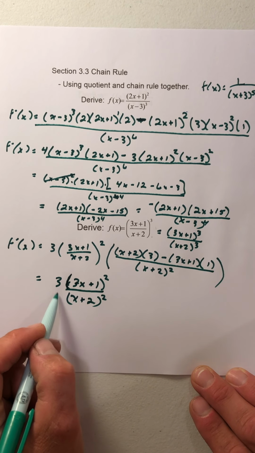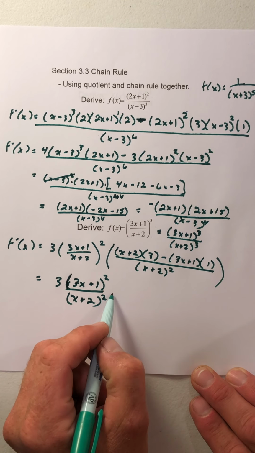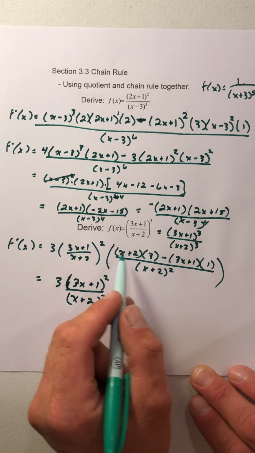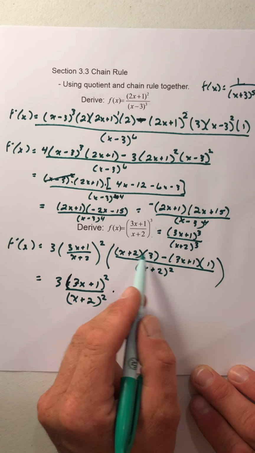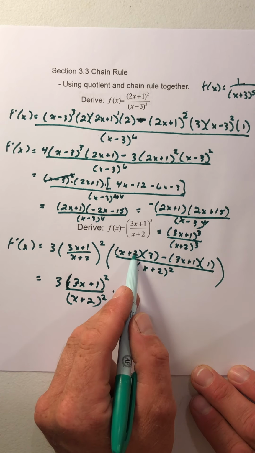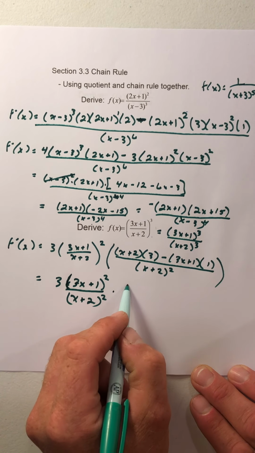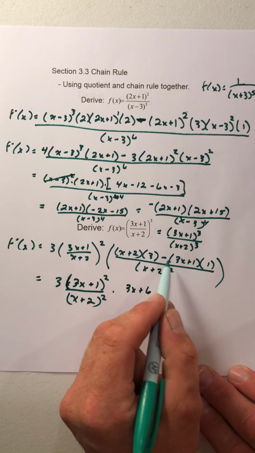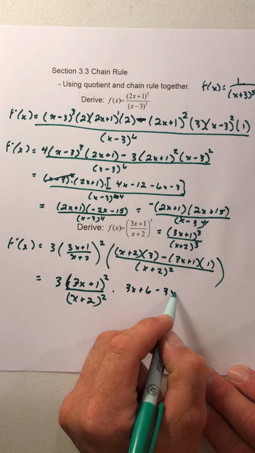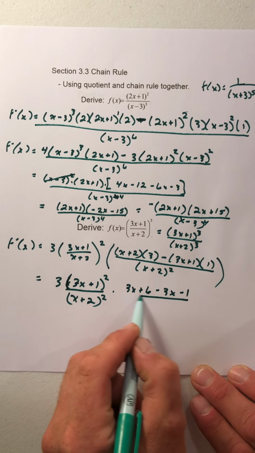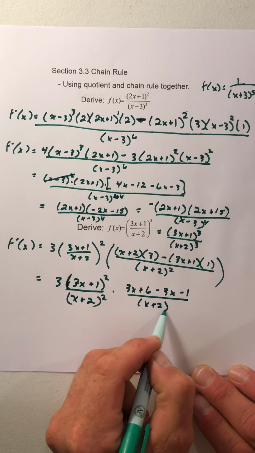You could think of this 3 as over 1 if you want, or just 3 times that. And then to that, we're going to multiply. Inside there, we have 3 times x, and then 3 times 2, so we get a 3x plus 6. Distribute your negatives, so we get a negative 3x minus 1 over that (x plus 2) to the second.